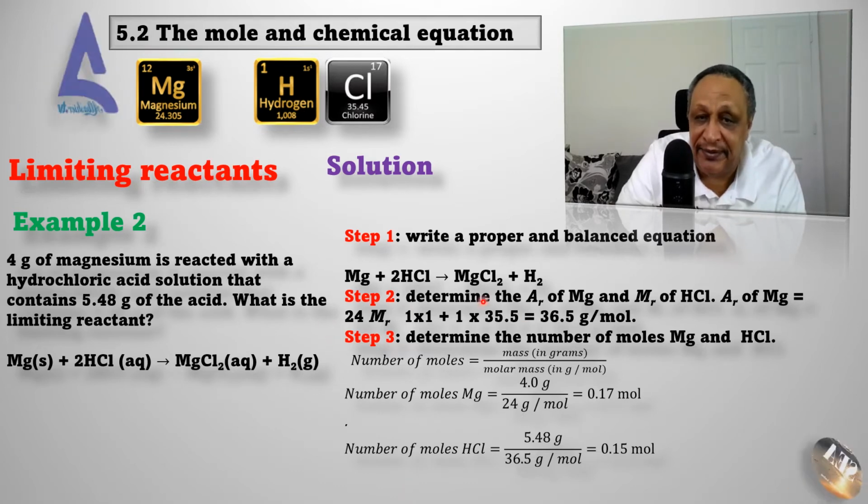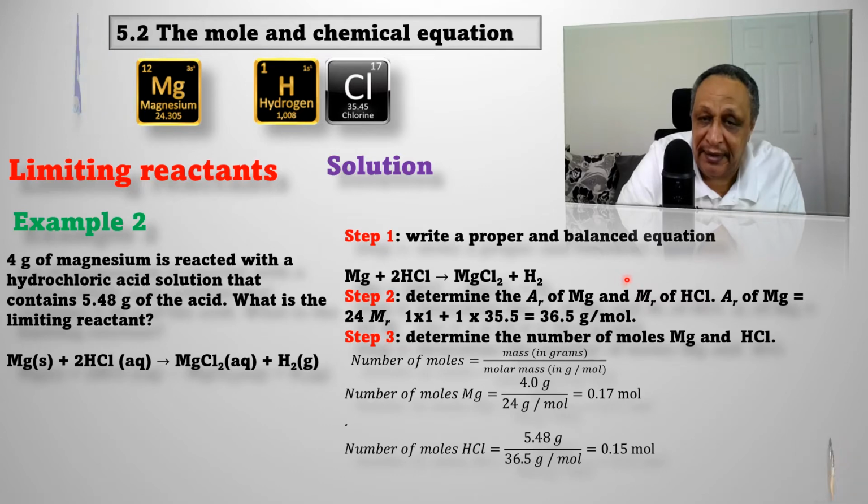And the same thing, I'm going to do these calculations to determine the Ar of magnesium and the Mr of HCl. Ar of magnesium, I get it from here, which is 24, and the Mr of this, I'm going to add all of these together.